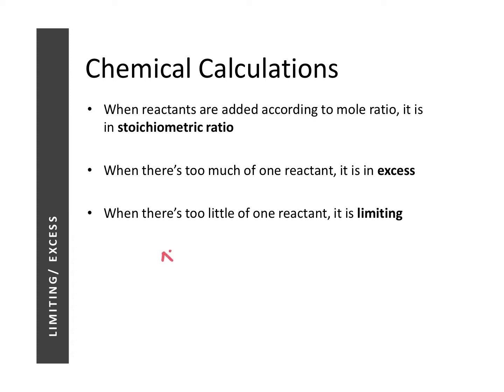For example, when sodium reacts with chlorine, you will always have this particular ratio: 2 moles of sodium must react with 1 mole of chlorine. Can we anyhow change this to 3? The answer is no, because then the equation will no longer be balanced. So in a chemical reaction, the reacting ratio between the two reactants is fixed by the balanced chemical equation.